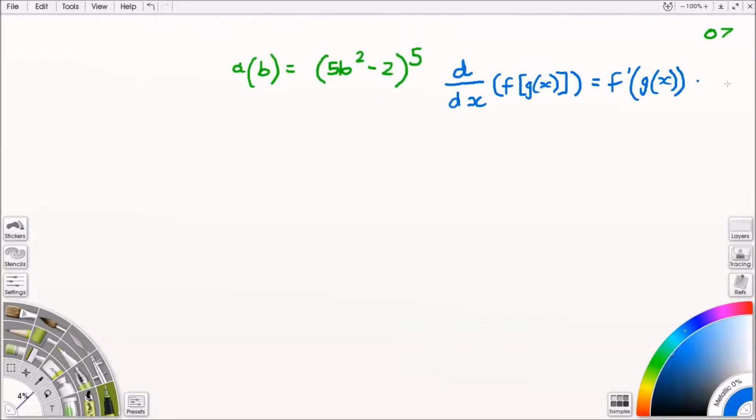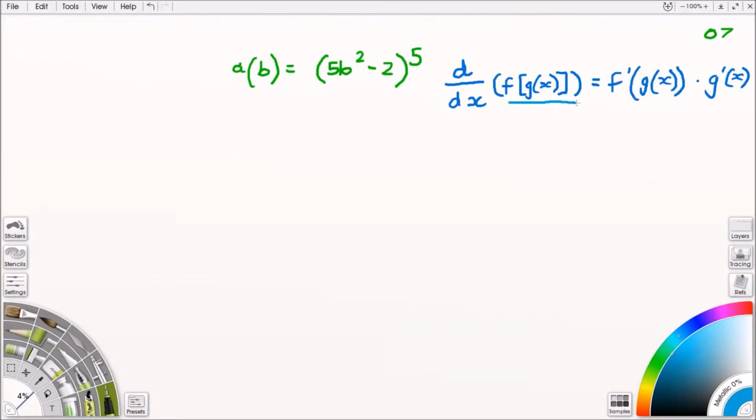Times by, and I think it's the derivative. I've got it written down beside me here. I'll check it. Yep. So this is the chain rule.